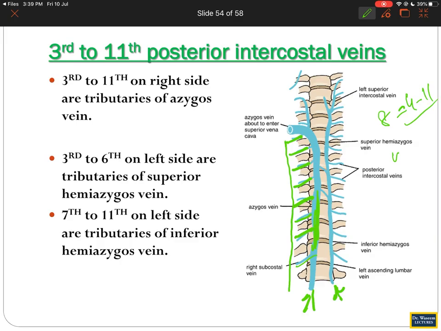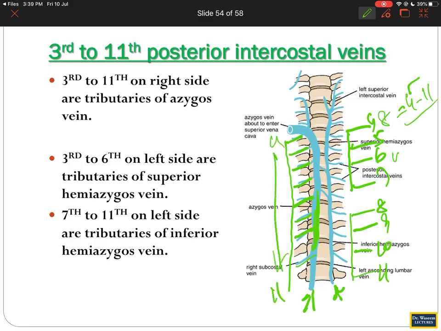But on the left side, the 4 upper veins will drain into one separate vein and the 4 lower veins into another. Which ones? 4, 5, 6, 7 above, and 8, 9, 10 and 11 below. But on the right side, 4 to 11 are in continuity in the same vein.